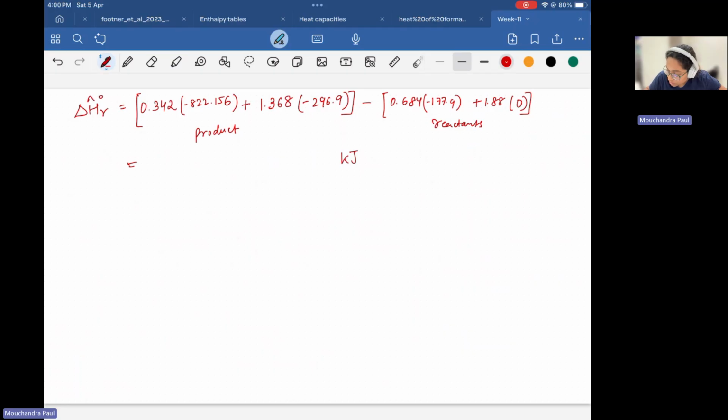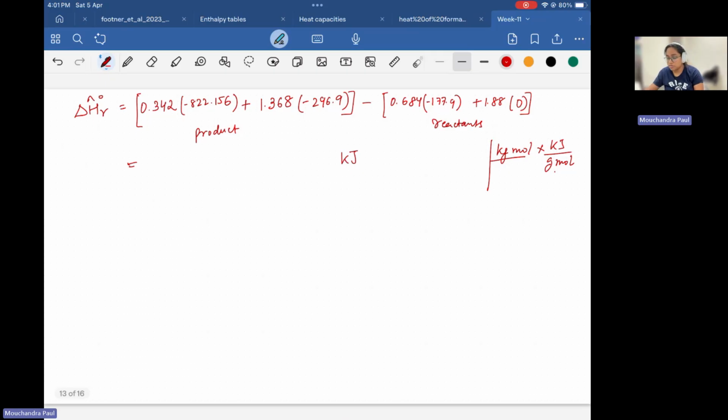Right? Now the thing is, there is a unit difference. The number of moles that we calculated were in kg mole, and the heat of formation values that we took from the table are in kilojoule per gram mole. So we have to convert the other way, gram to kg, because we then divide with the total amount of ore that we have, that is 100 kg.